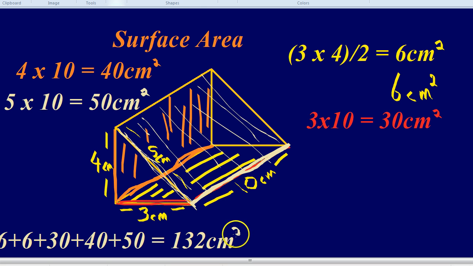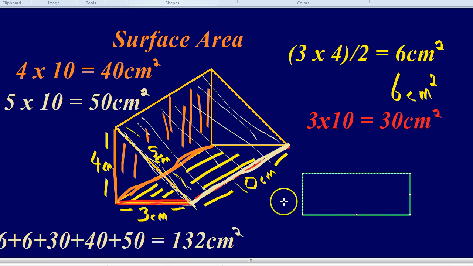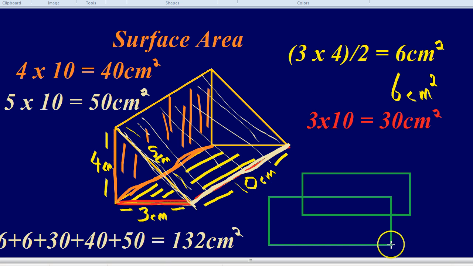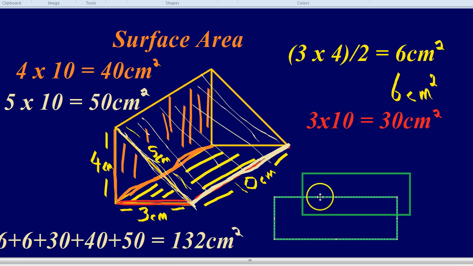Right, let's do one more shape. I'll draw it in front of you this time. So we're going to do a cuboid. There's one side, and there's another side, like so. Then we need to join them up. That was a bit too long.